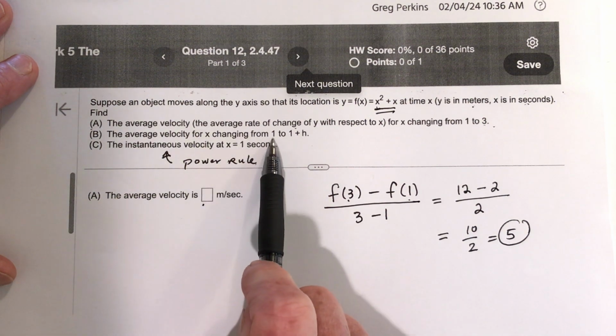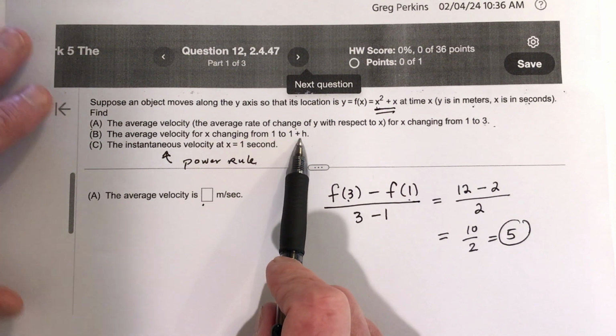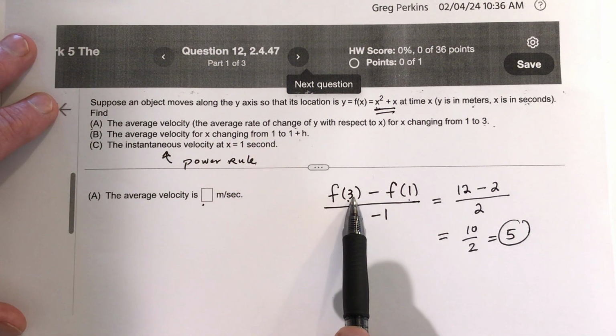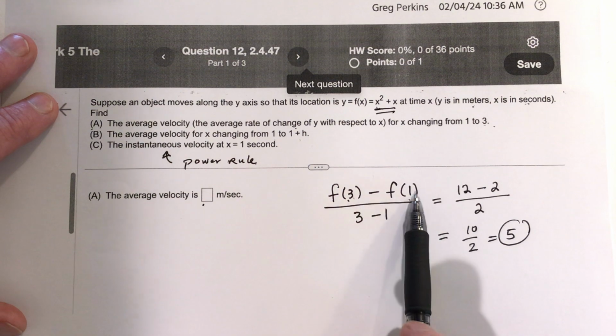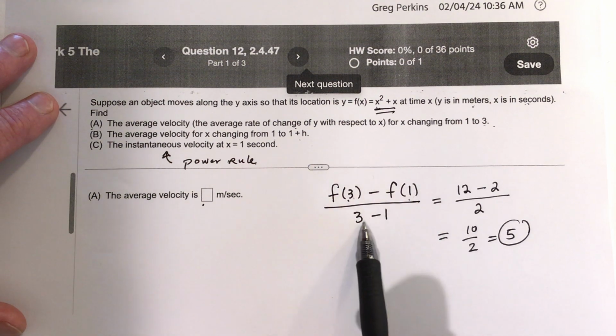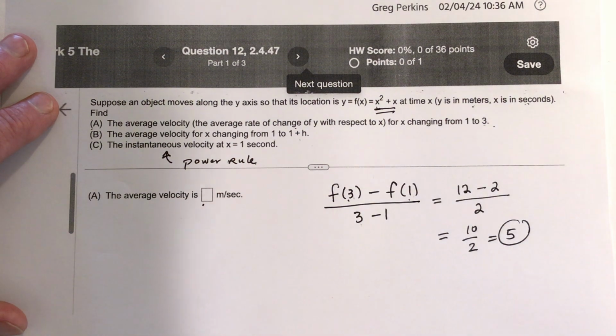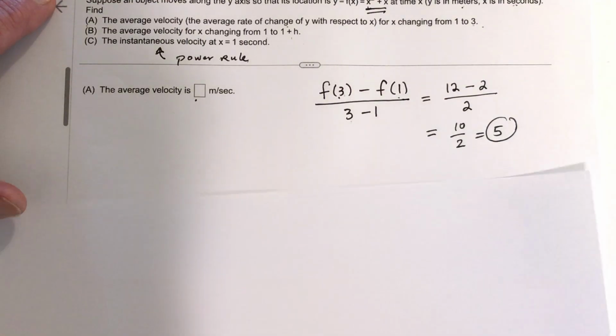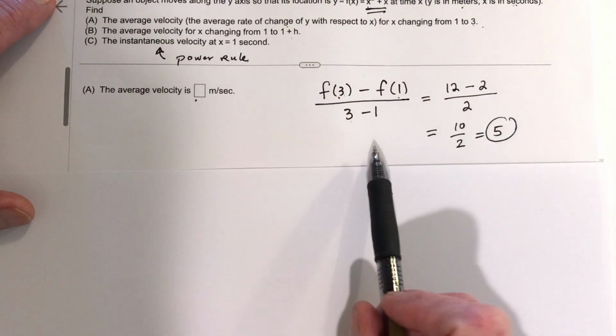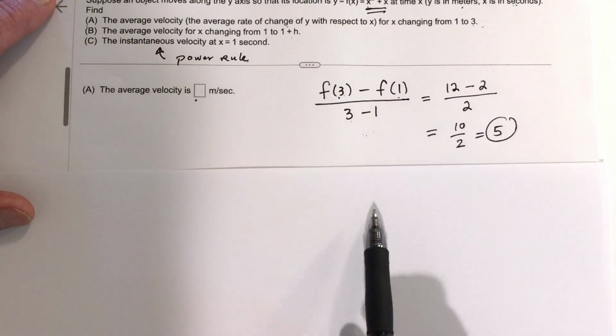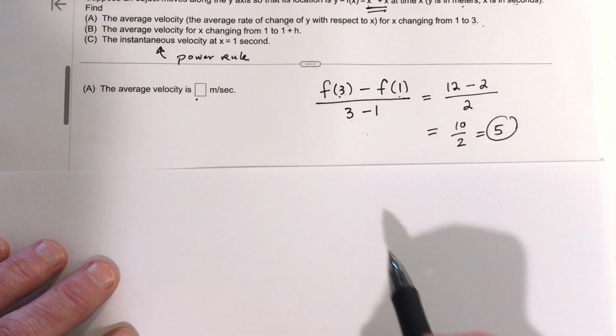And then they say do the same thing from 1 to 1 plus h. So this would become the 1 plus h, this would become the 1, this would become the 1 plus h, and then that's still the 1. So let me just get a nice new piece of paper. It's actually probably the exact same age as this piece of paper, but I mean a blank piece of paper.